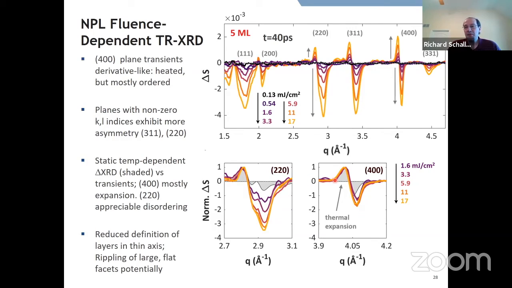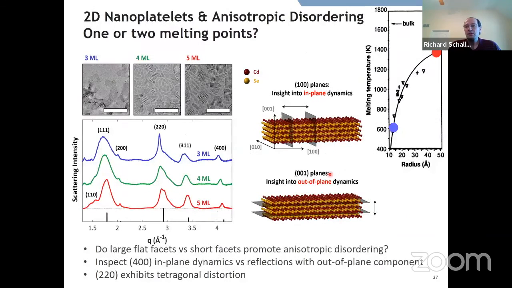And what it's essentially telling you is that in the 400, where you have all those repeat units, the crystal still looks sufficiently crystalline to diffract efficiently. But then when you start to look at these planes that are going out, where you have less thickness, less repeat units, it looks disordered. And so a picture that you might think about is if you have something like a piece of gum, which is kind of like what these things look like, you're making the gum waver up and down, kind of like pushing it together or something like that.